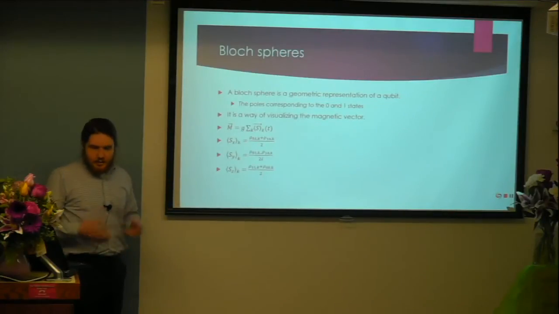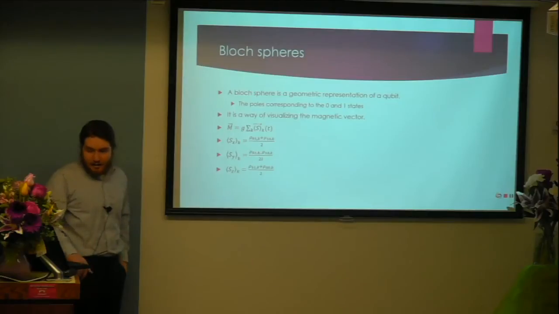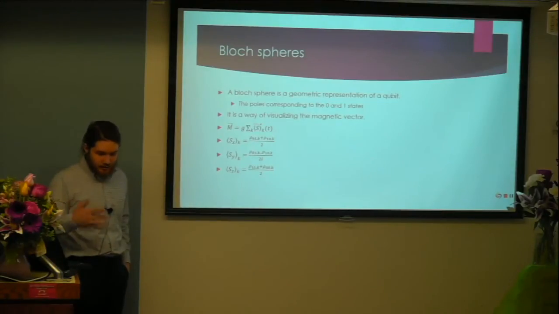So that allows us to see that they'd be represented by a sphere, basically. That would be a Bloch sphere. Well, what is a Bloch sphere? It's a geometric representation of a qubit where the poles of the sphere represent the 0 and 1 states. More usefully, it's a way of visualizing the magnetic vector of a spinning electron as it moves through a magnetic field.